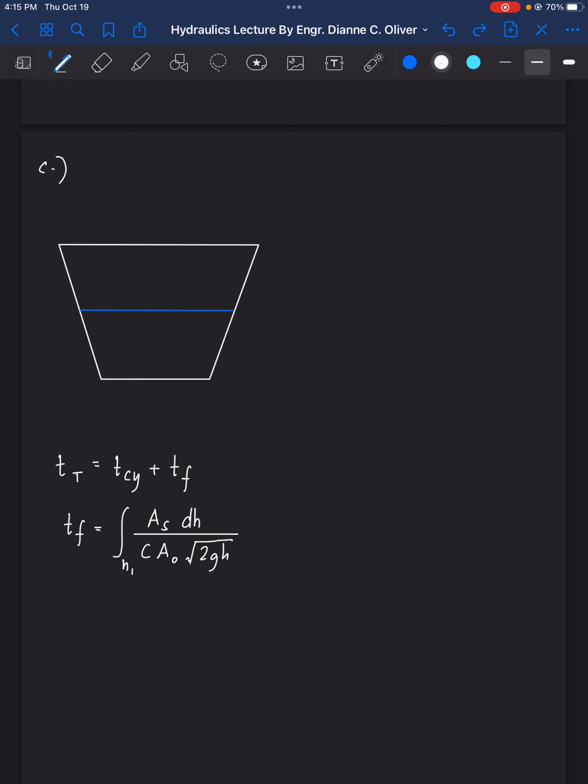We will change that from the final to the initial. This is the formula that we are going to use.